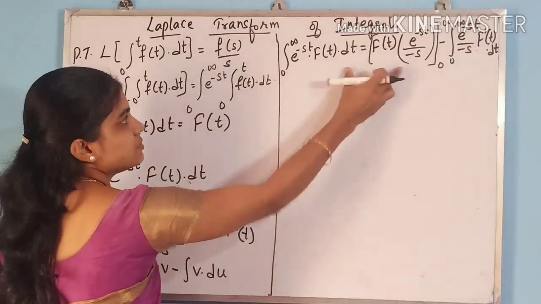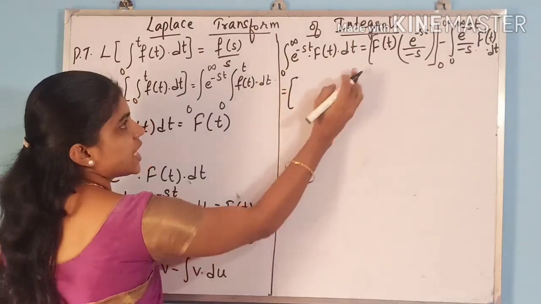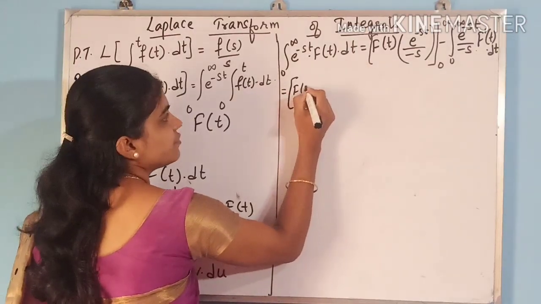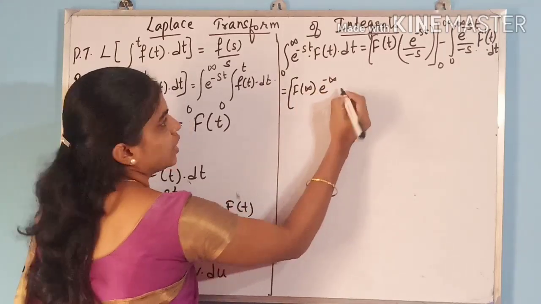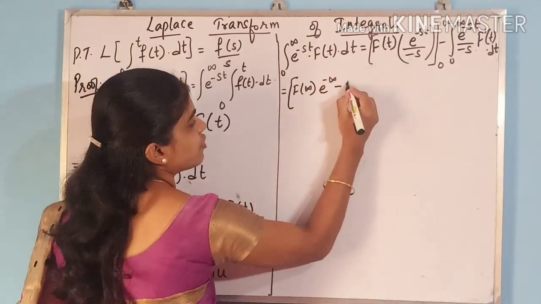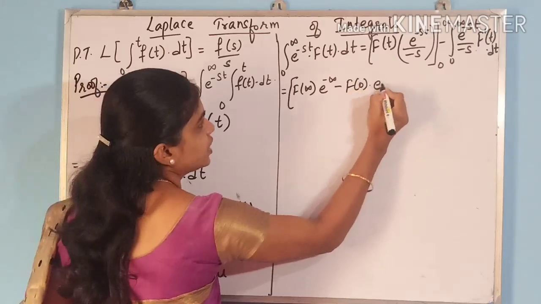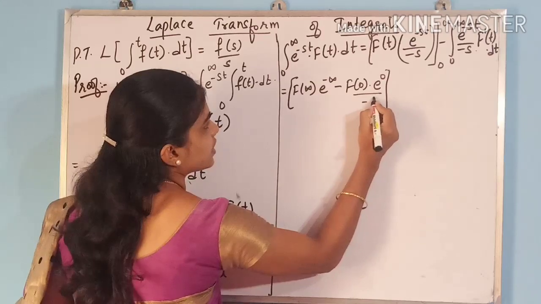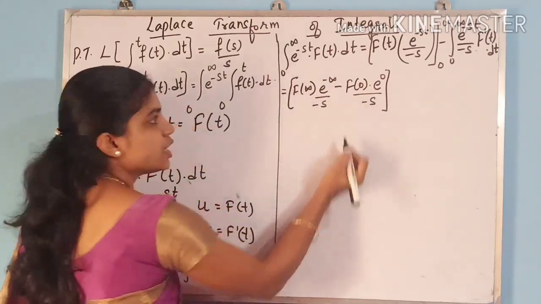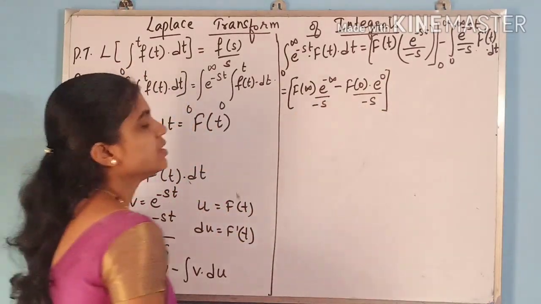Now when I apply the limits here, I'm going to get F of infinity into e to the power minus infinity minus F of 0 into e to the power 0, divided by minus s.